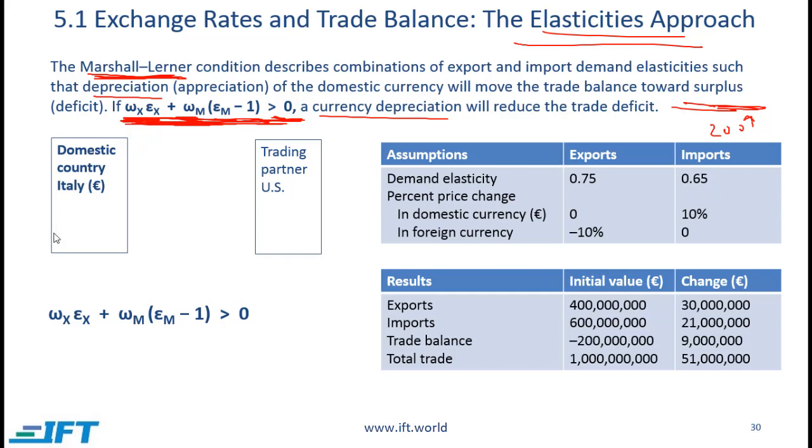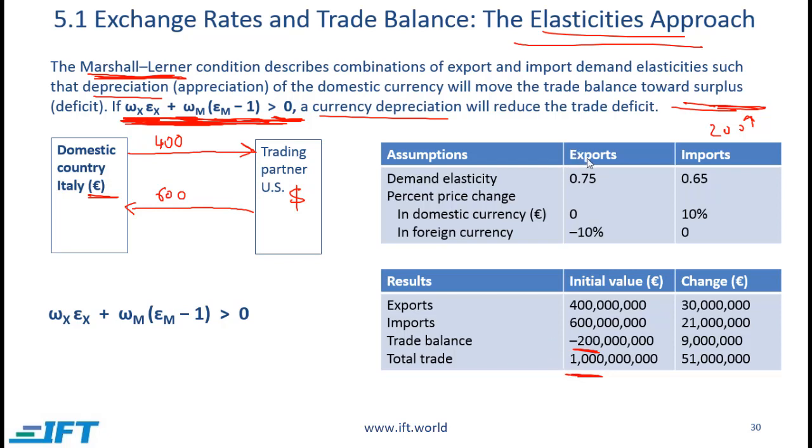Let's say that our domestic country is Italy, which operates in euros, and Italy trades with the United States, which operates in dollars. Initially, Italy's exports are 400 million and Italy's imports are 600 million. Clearly, we have a trade deficit of 200 million and initially the total trade is 1 billion.